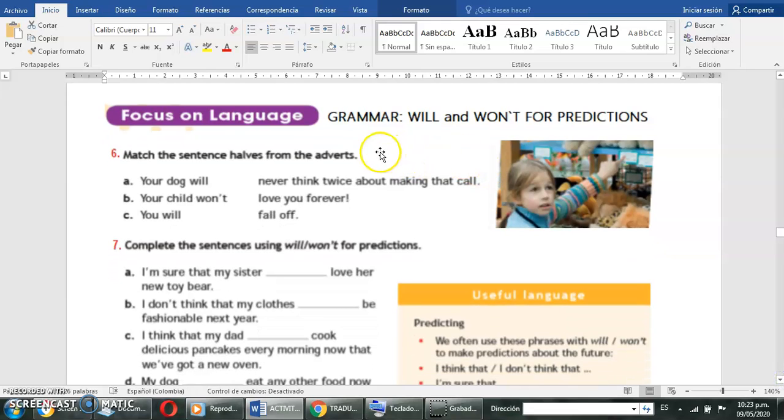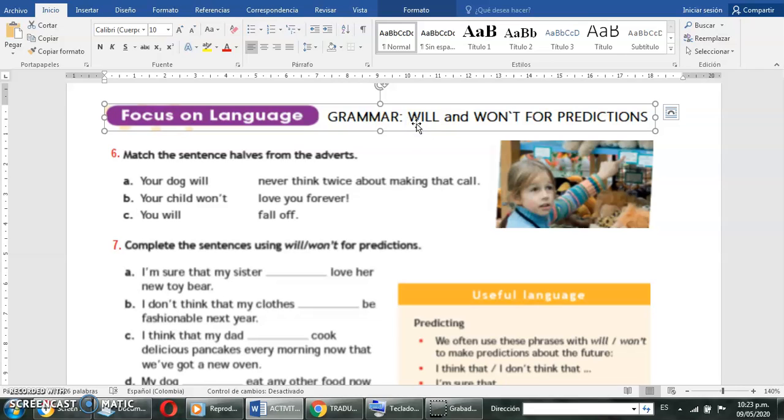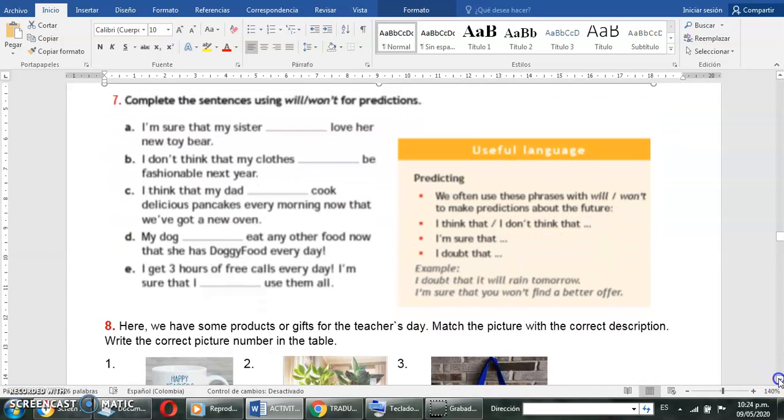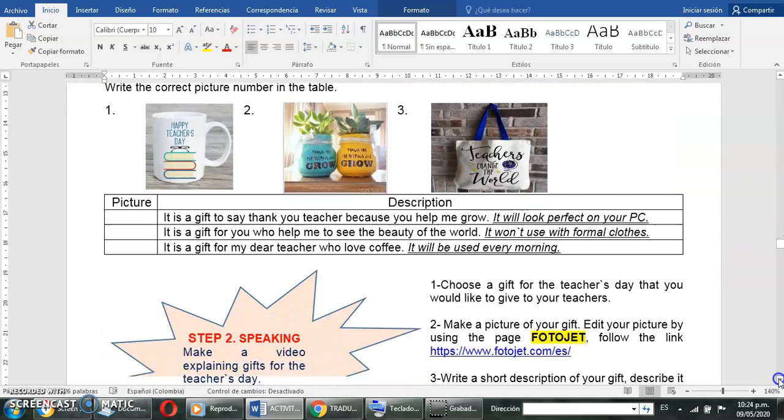Similar to the previous activities about grammar, in this case, I will produce a video tutorial for explaining the grammar topics. So you can go to that video and work on predictions. And in that video, I explained the activity 6, 7. So only go to the video and do it.